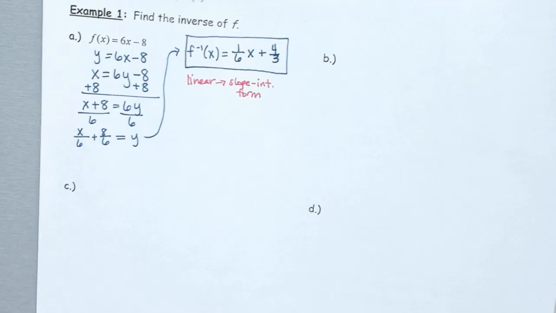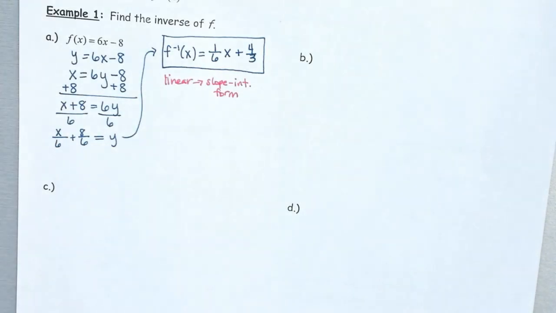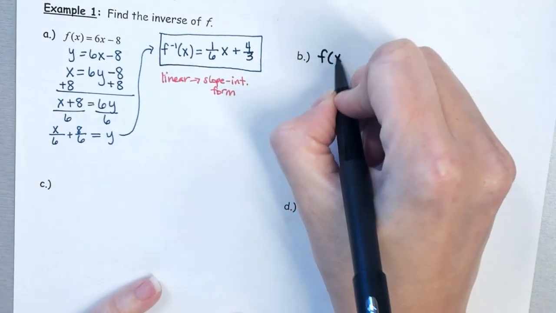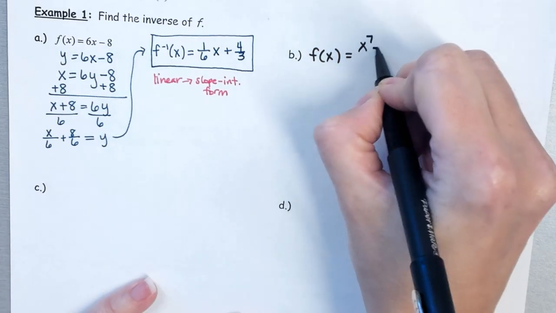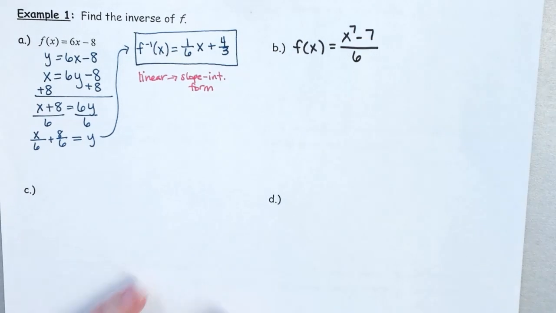Okay, and then like I said, we are going to expand this year. We're not just doing linear functions. We're going to do different types of functions. So for b, we're going to do f of x equals x to the 7th minus 7 divided by 6.